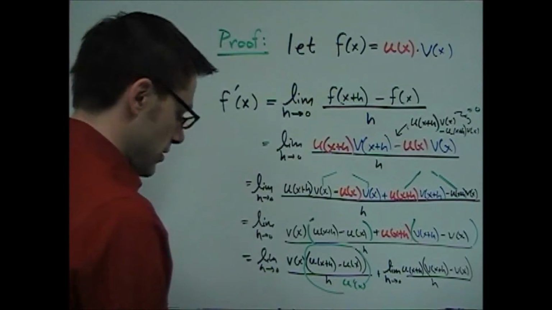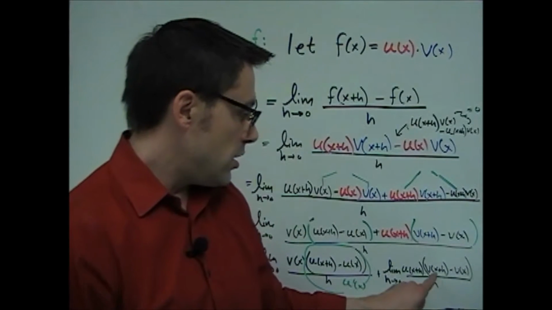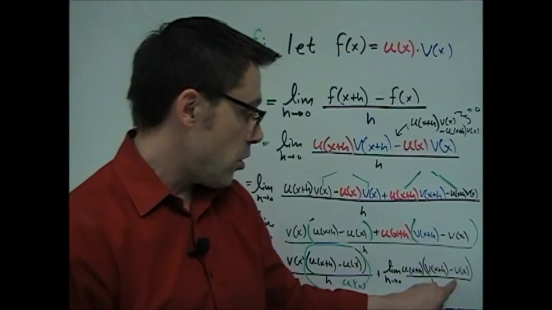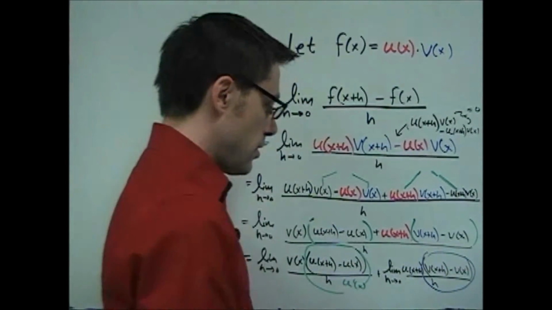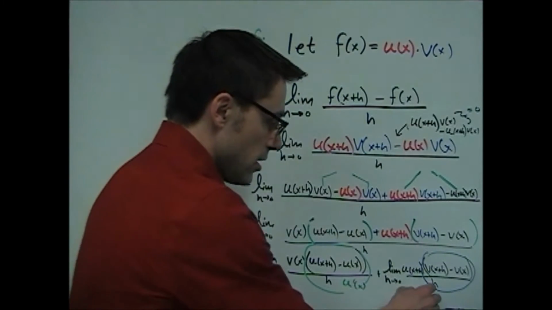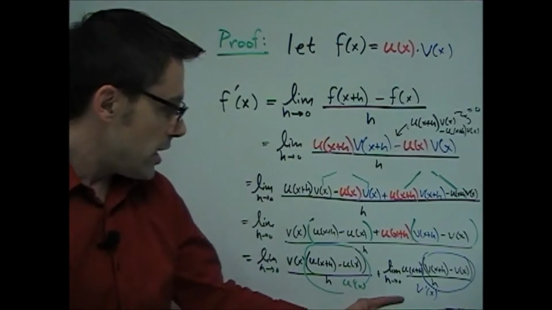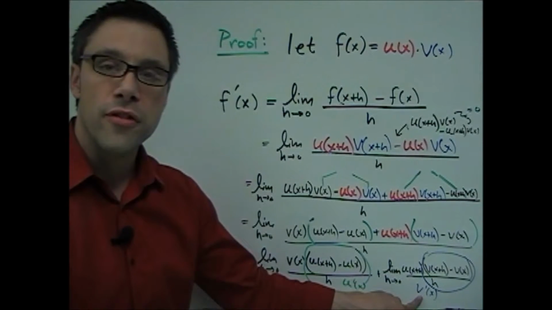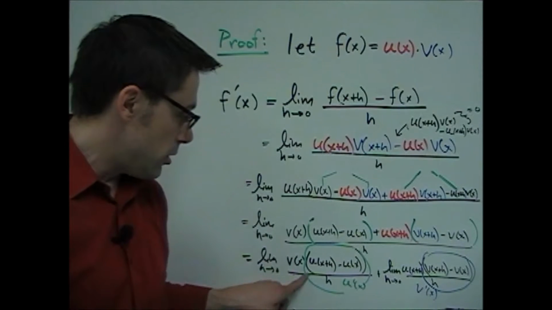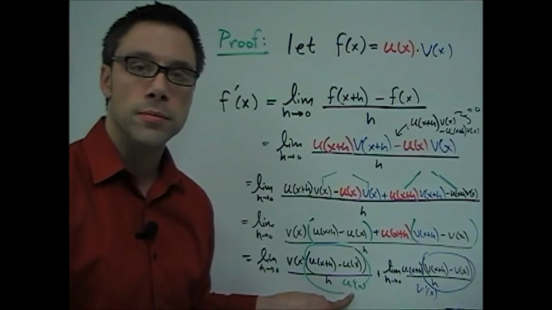That's what that little green box is there. And similarly over here, this is also the same thing. You get v of x plus h minus v of x over h. Guess what? This is also a difference quotient. And so if I put the limit with this, this gives me v's derivative at x. So actually, I've got some quantity here, u of x plus h, multiplied by the derivative of v. And over here, I've got some v multiplied by the derivative of u. This looks very much like the product rule.